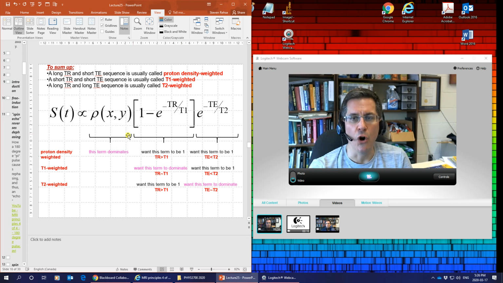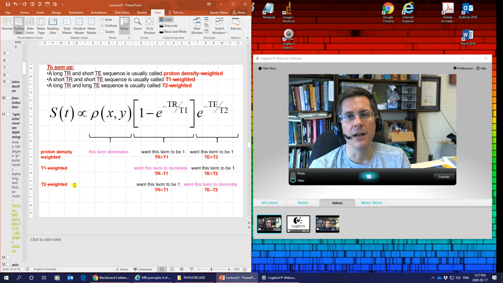It's something in between. It allows me to measure it. Now the proton density is always there. That's true. But this is the term that's actually dominating. You're doing an experiment which allows you to measure that quantity, and then it's superimposed on top of the proton density. So if you have a short TR, short meaning on the order of T1, and a short TE, which means it's much less than T2, we call that T1 weighted.